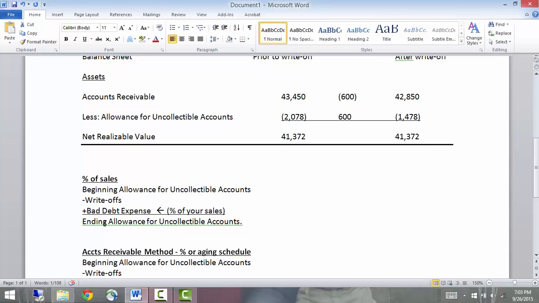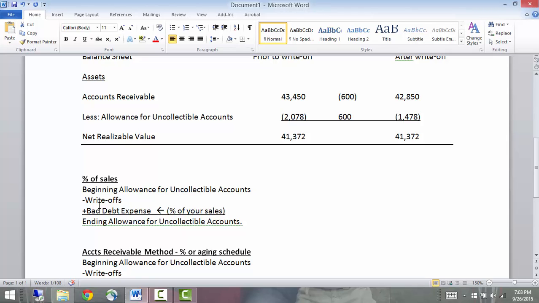You do not have to take into account, when you're calculating bad debt expense for this percentage of sales method, any balance that you already had in allowance. You will probably have a balance of some sort in the allowance account just because it's based on an estimate, and in the prior year you would have underestimated or overestimated a little bit.